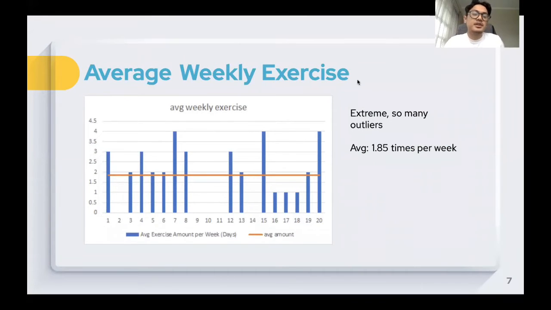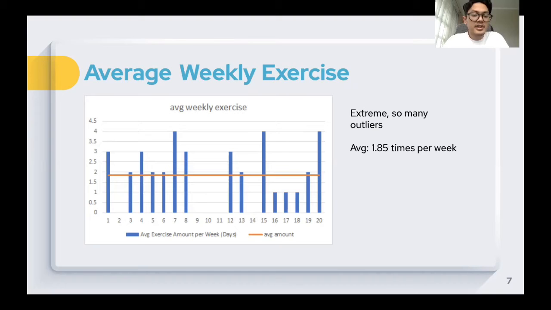Okay, so hi everyone. I'm Rafi Desrino and I'll now be continuing with the presentation. Now in the slide is the bar chart representing the weekly exercise. The unit for this variable is days, and we can see that in this variable the data is much more extreme compared to the others in terms of outliers.